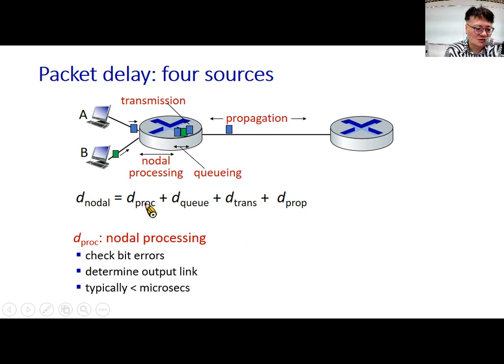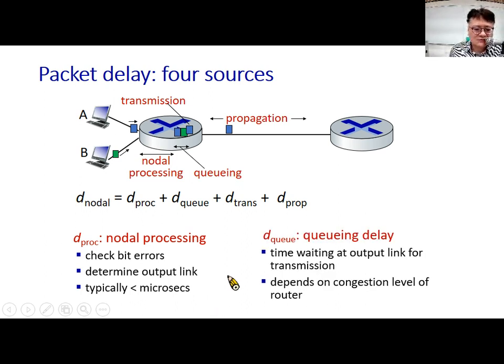The second step is to determine the output link, meaning the output link rate and propagation. Typically the nodal delay should be less than microseconds because it's based on the networking transmission speed. Okay.